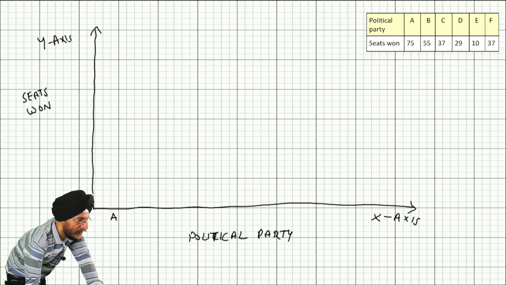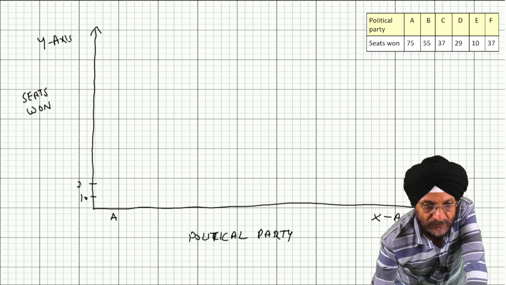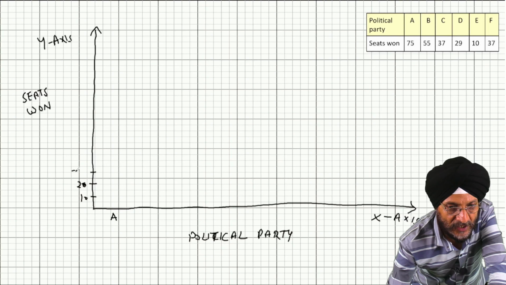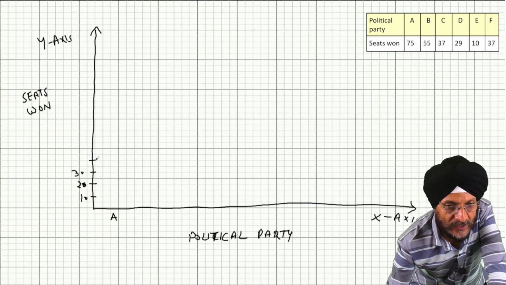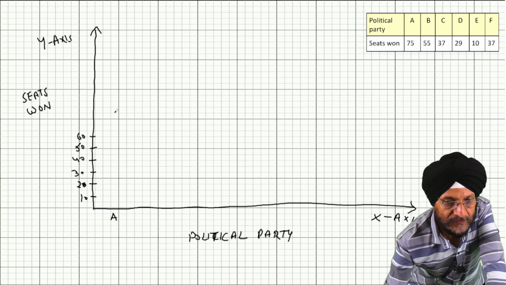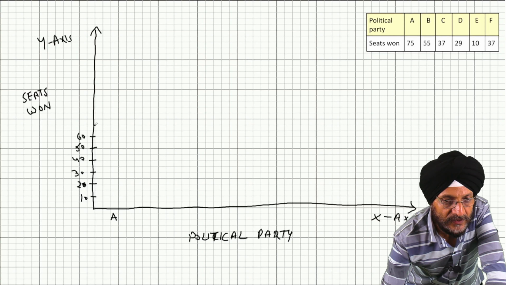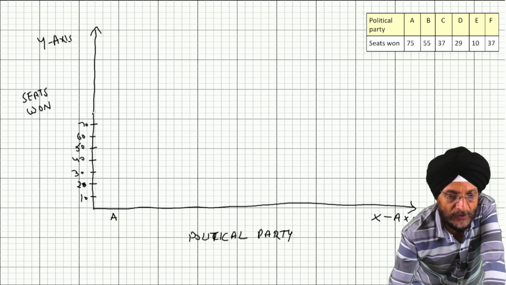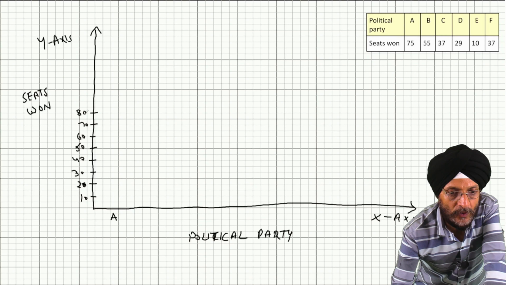We will draw 10 for every cell, taking a difference of 10: 10, 20, 30, 40, 50, 60, 70, as the maximum seats won are 75. So here we will take the scale up to 80.